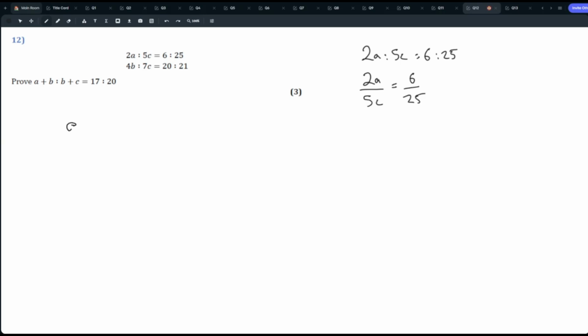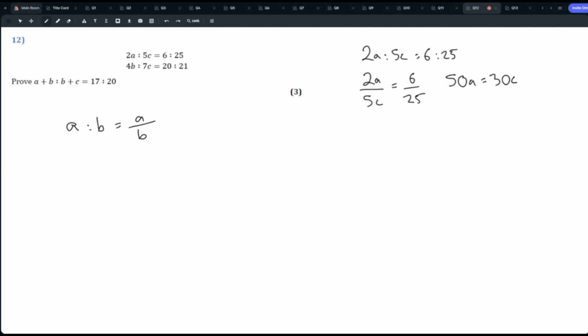Just a quick reminder, if we have a to b, that can be written in the form of a over b. And that's what I've done here. Okay, so what I'm going to do next is I'm going to times the 5c to the right-hand side, and I'm going to do the same with the 25 to the left-hand side. This will make it much easier to deal with. So this will be 50a equals 30c.